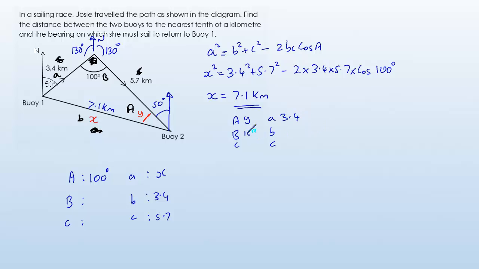The B is 100, and little b is the 7.126051. And I know a complete row, which means I can use the sine rule.